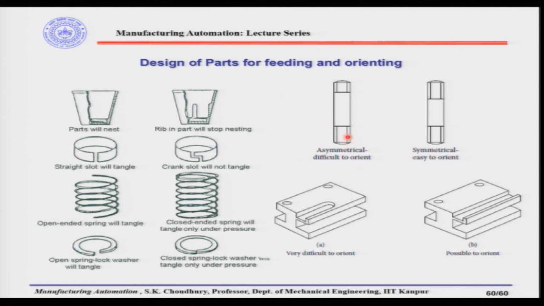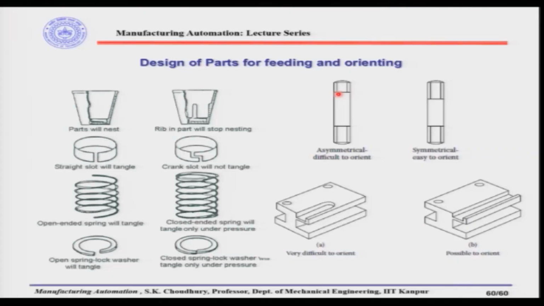length, in that case we are incurring some cost, of course, because we require this much length. So, it was designed like this, and now you are changing the design by increasing the length of the thread, for which we have to incur some cost, but it can be economically justified, because otherwise some reorienting device has to be created to reorient the part if it is not coming in the right orientation.